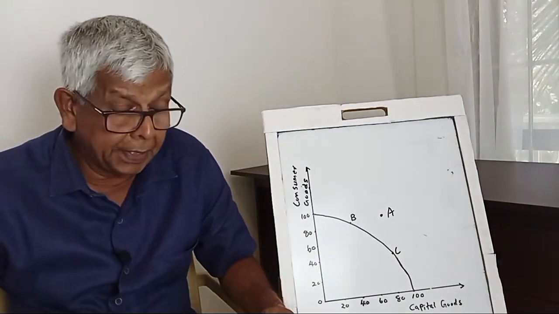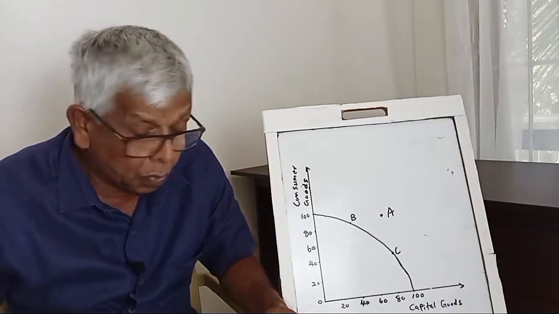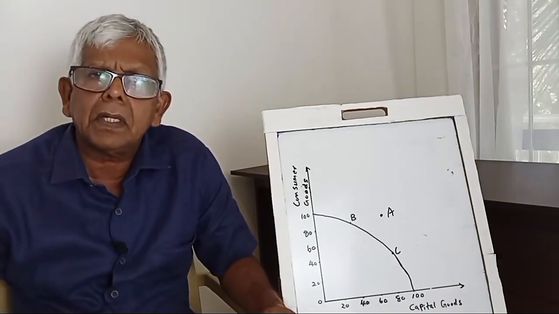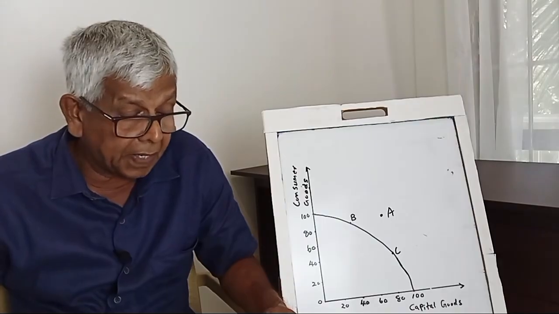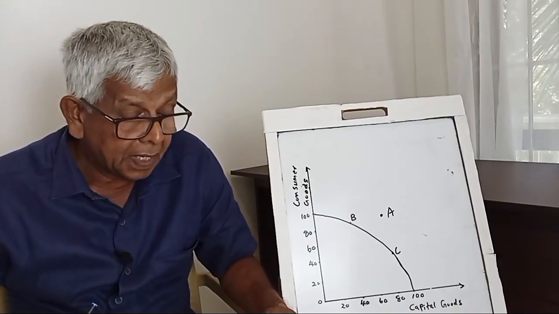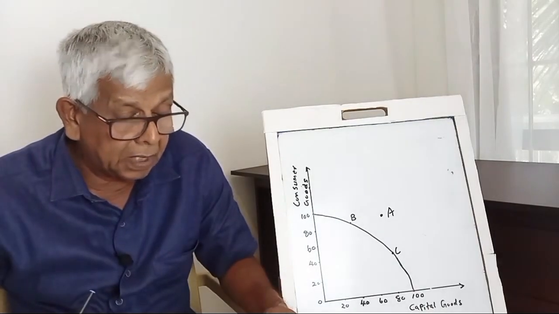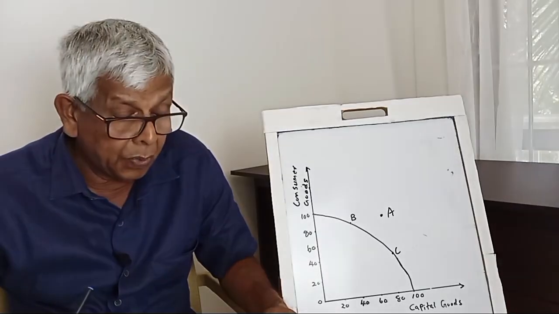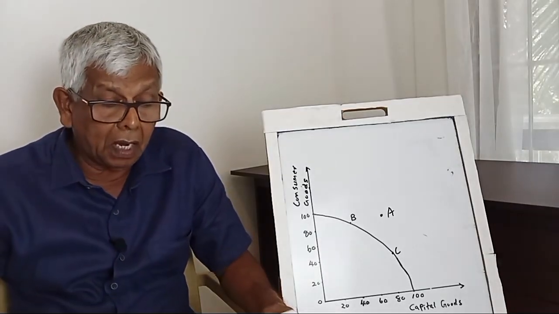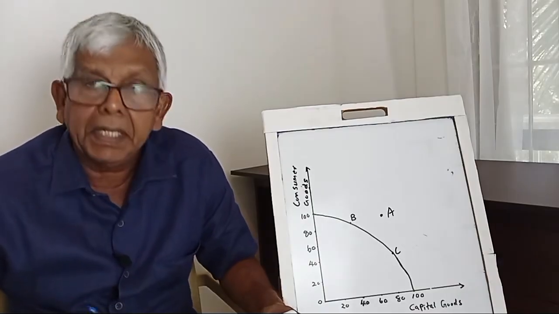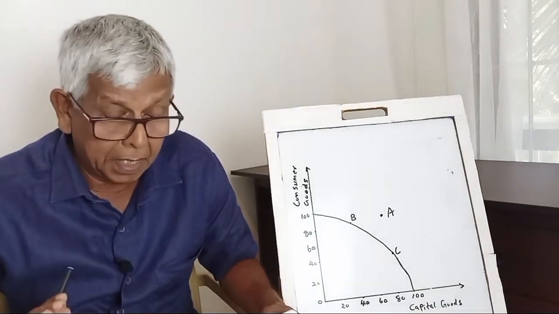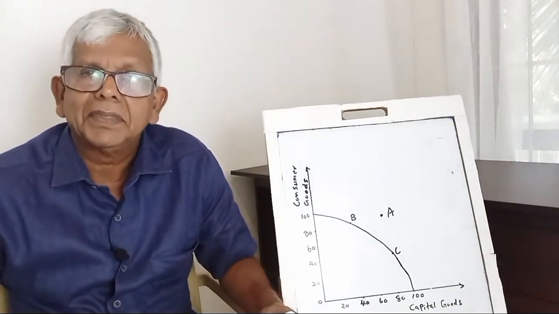The production possibility curve shows all combinations of goods and services that are just attainable when all resources are fully and efficiently employed.